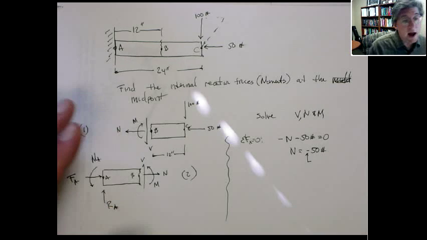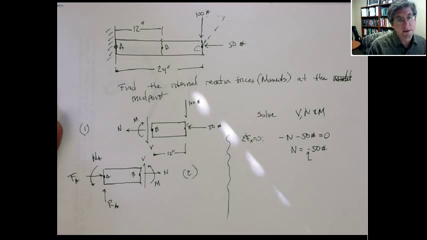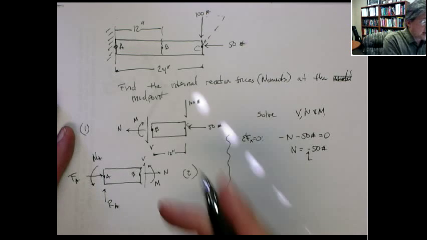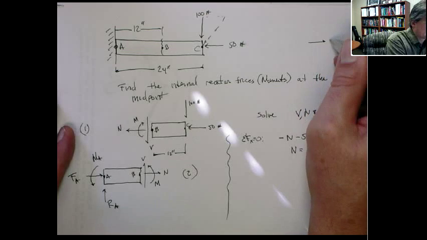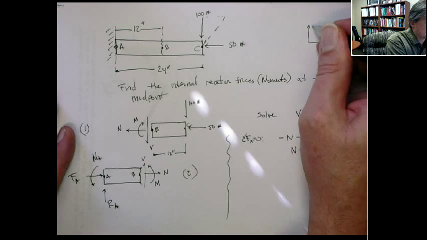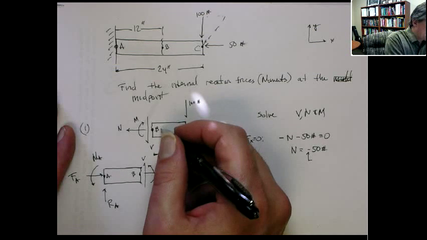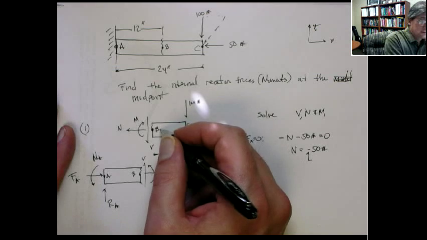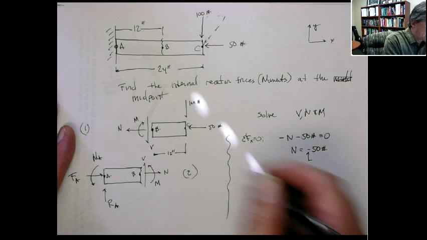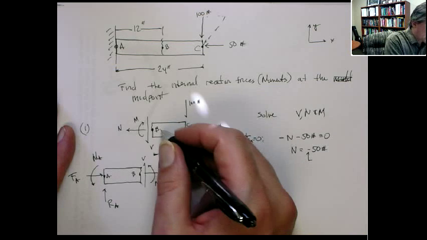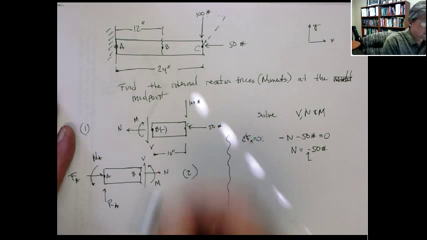Now, the convention that I use, and we'll talk a little more about this later on when we talk about stresses, is if we call this X direction and this Y direction, positive X and positive Y. This face here has a negative outward facing normal. Okay?